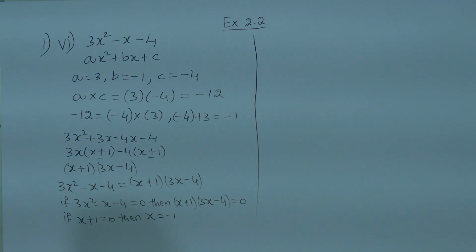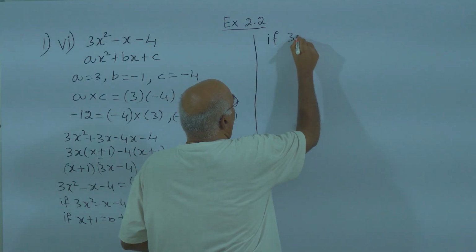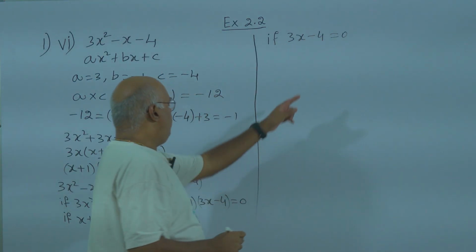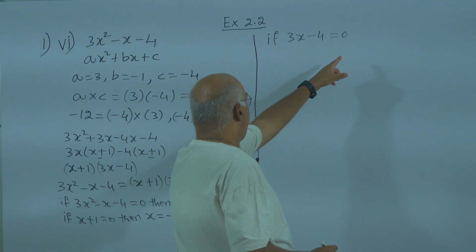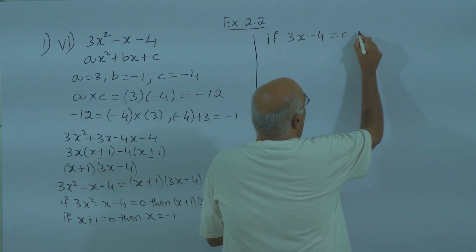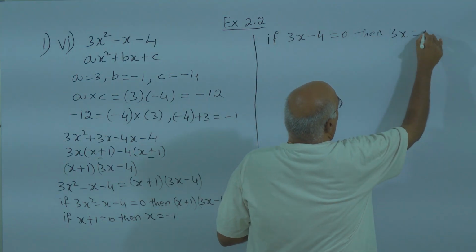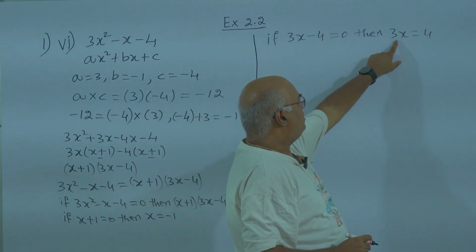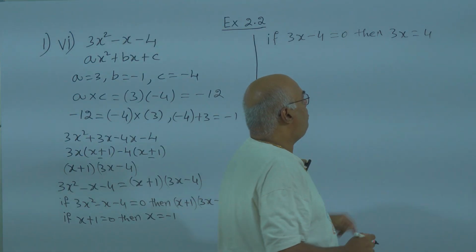Now let us find the second zero of the quadratic polynomial. If 3x minus 4 is equal to 0, on the left side of the equal to sign I have minus 4. If I take this minus 4 to the other side of the equal to sign, it will become plus 4. Then 3x is equal to 4. 3 is multiplying x. If I take this 3 to the other side of the equal to sign, it will divide.